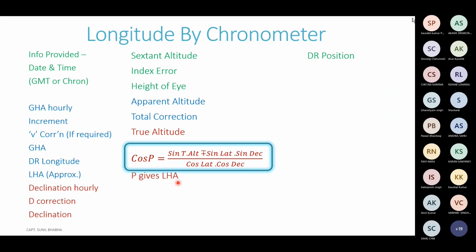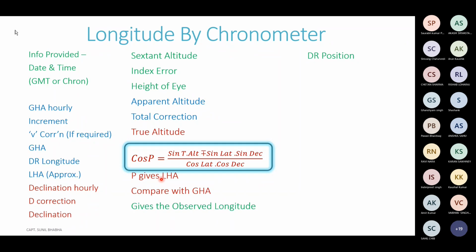Now, once LHA is obtained, we have the accurate LHA, which is calculated using the long-by-chron formula. We can now compare this LHA with the GHA of the body. The GHA of the body has already been calculated earlier, found out from the almanac.